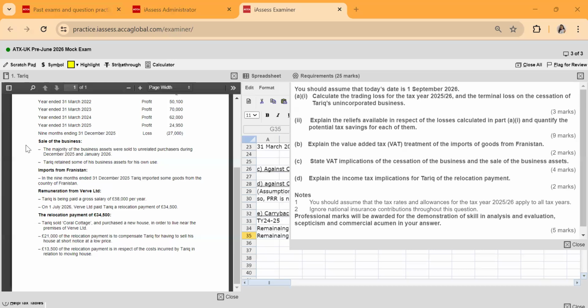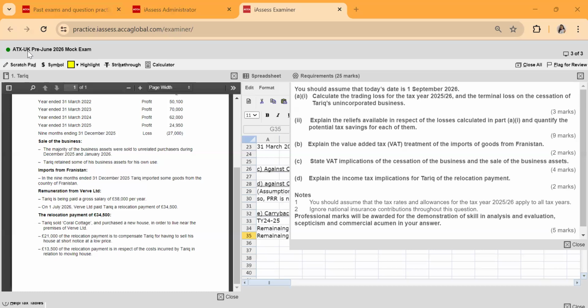So by 30th January, the cessation should be informed. 30 days is the period within which the authorities must be informed about the cessation.